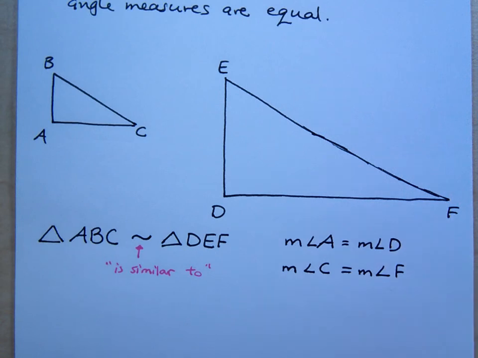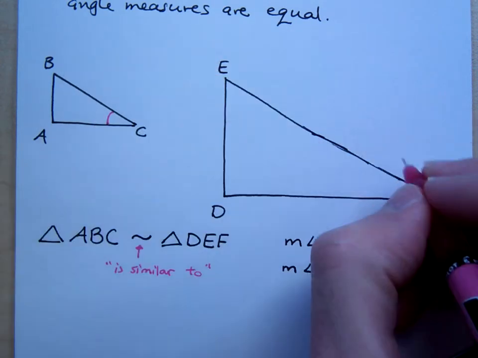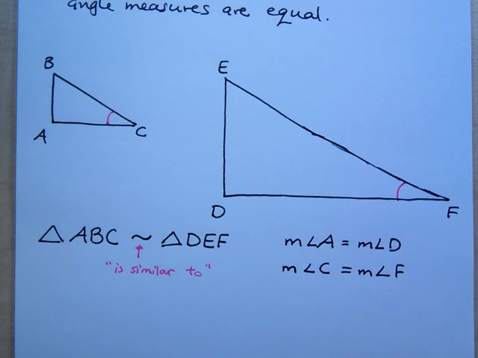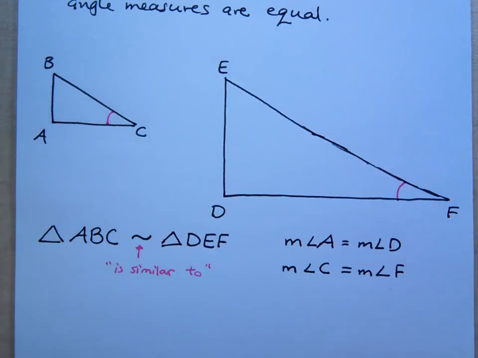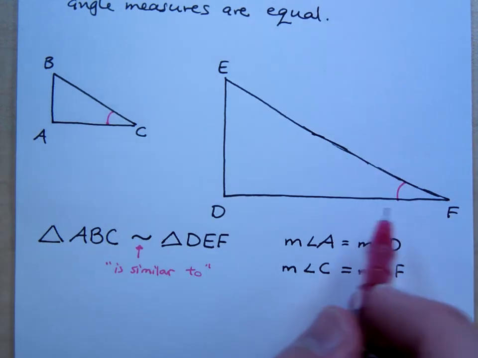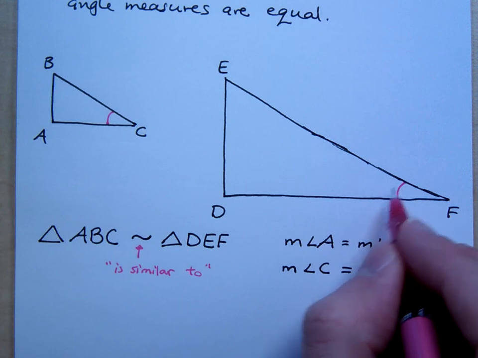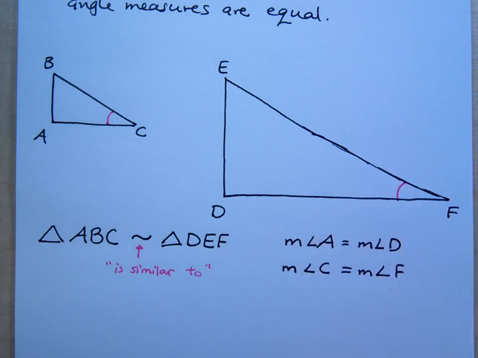F. So the angle measures are going to be the same, right? If you used a protractor, you would find out that this angle measure here would equal the same as this guy. You may say, but the angle's bigger. It's not bigger. It extends further for the triangle on the right, but the angle here between these two rays is still going to measure the same.